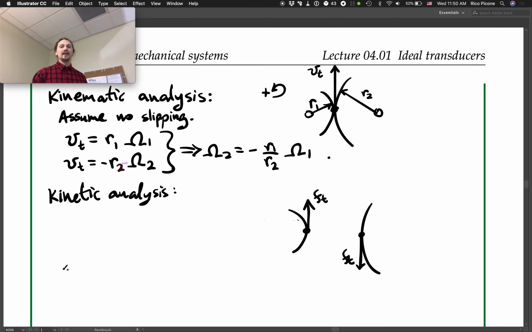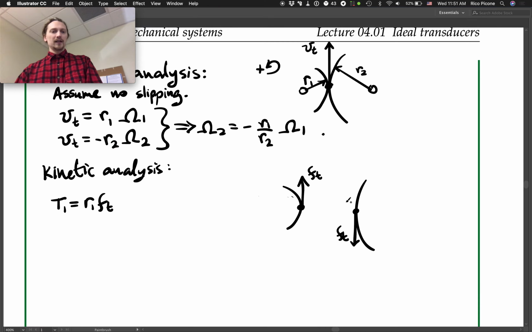So with Ft, we can calculate the torque of this interaction force for each of these gears. Torque 1 is going to be R1 times Ft. It's the force times the moment arm, and it's perpendicular. We're assuming these are nice and circular and all that.